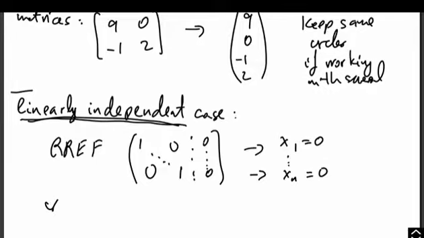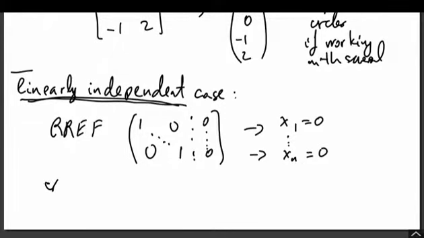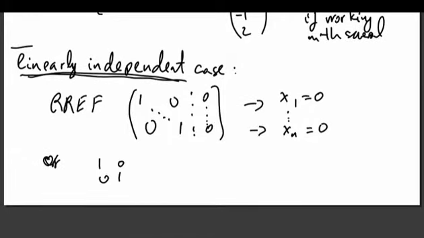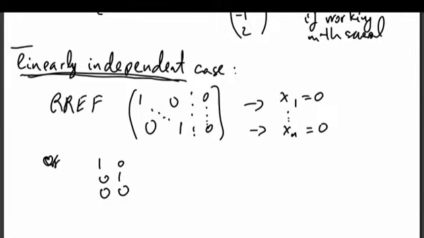Or it's not necessary to get the full identity matrix in this form, because it's possible that you have fewer vectors than rows, but still you're supposed to get at least part of an identity matrix, and the rest of the rows might be all zeros, and then the right-hand side is 0.